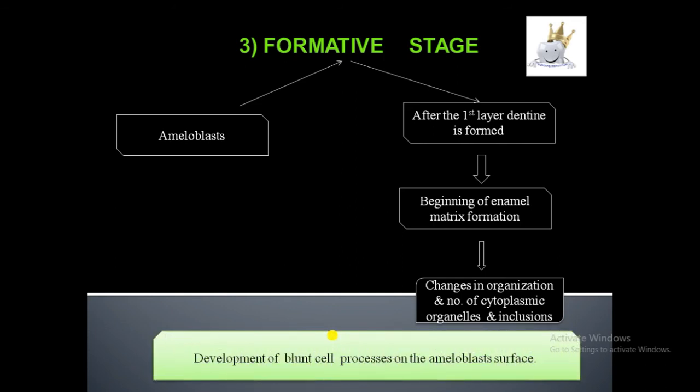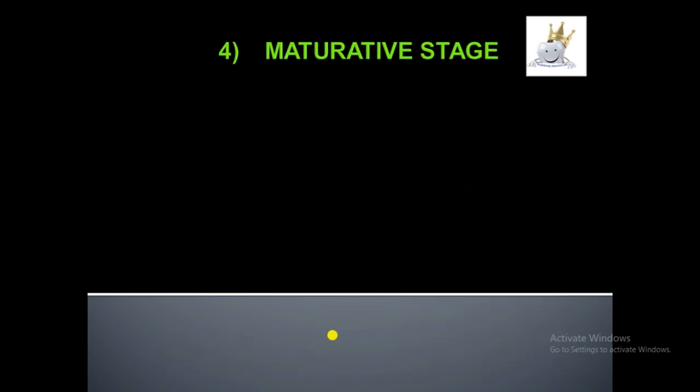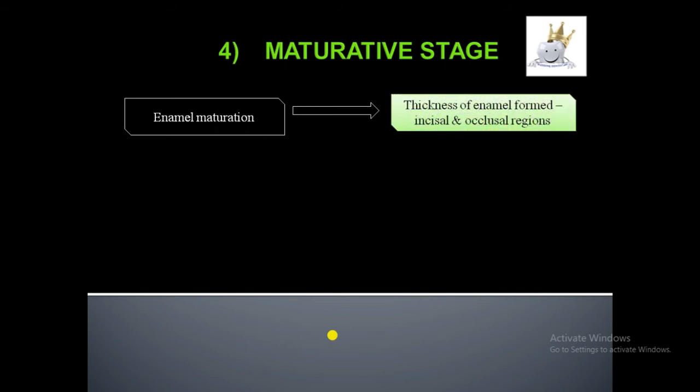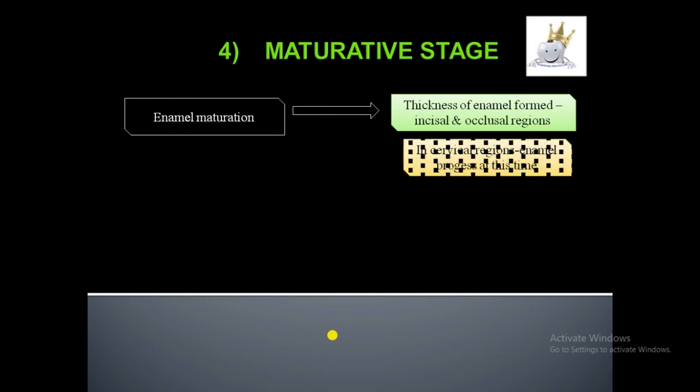The fourth stage is the maturative stage. Enamel maturation or mineralization happens in the incisal and occlusal regions. The thickness of the enamel is formed first in the incisal and the occlusal region, as I said before, right?